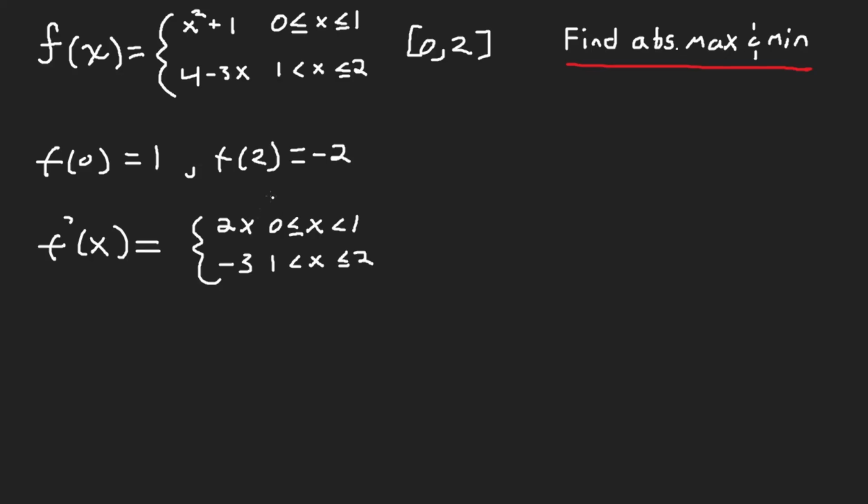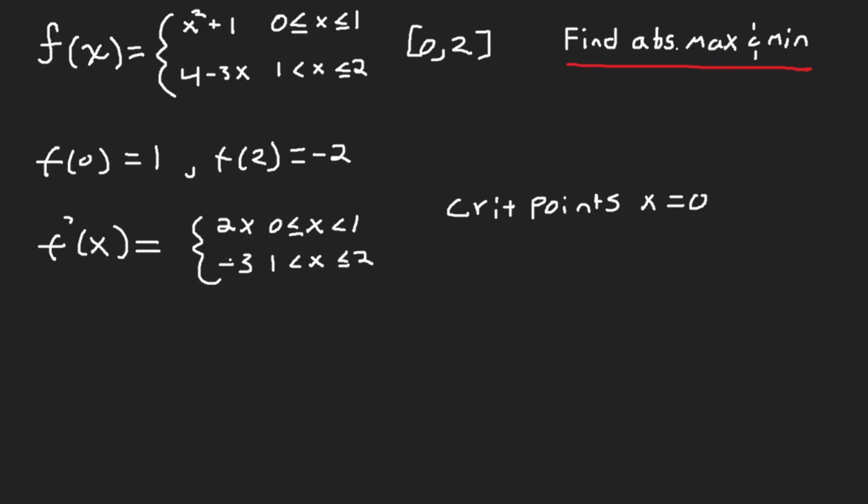And so looking at the first equation, we can see that there is a point at which our slope is 0, and that's going to be for when x is 0. However, we already have our f of 0 equals 1, and so while our critical points are when x equals 0, we've already evaluated that, and so we know what that f of 0 is going to be.